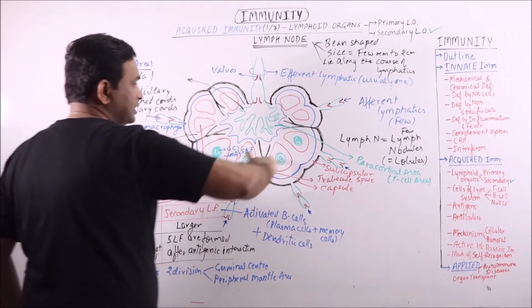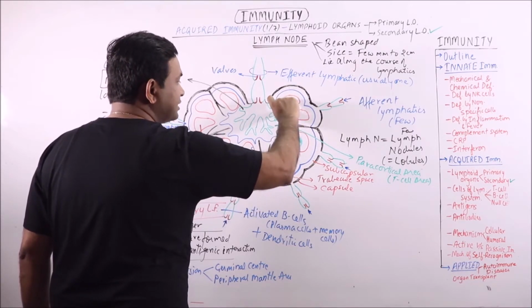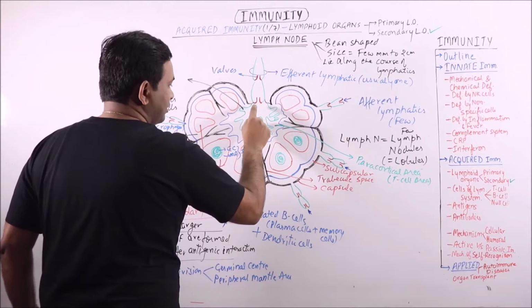So this one is B cell area, that is cortex. Inner part of cortex or paracortical area is T cell area, and this region is again the medulla, which is B cell area.